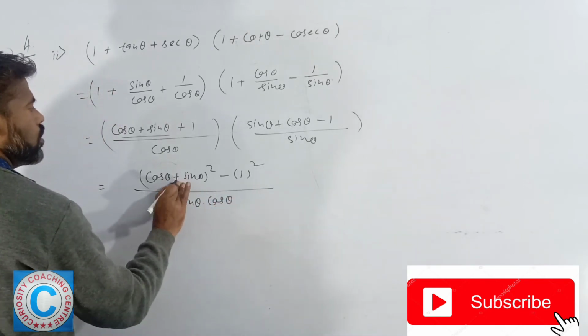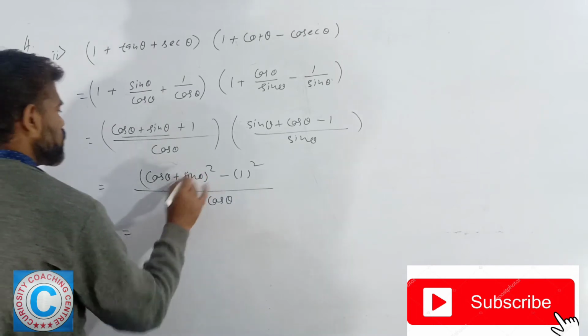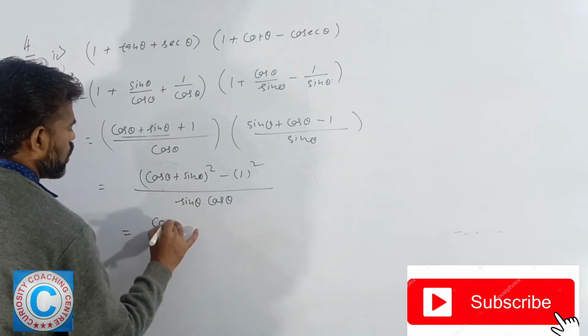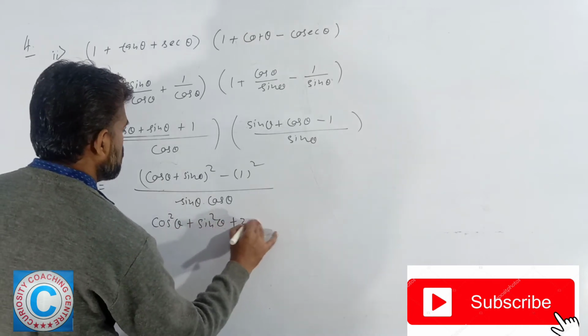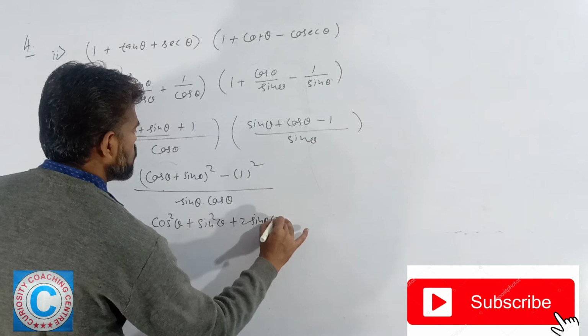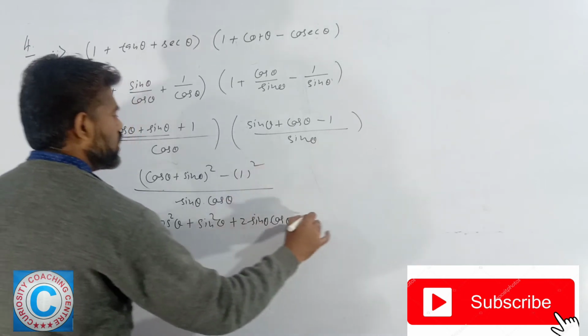Now expand using the algebraic identity a plus b whole square. We have cos square theta plus sin square theta plus 2 sin theta into cos theta minus 1 square.